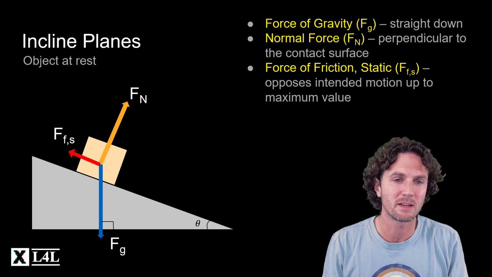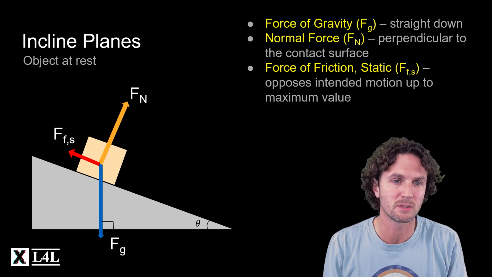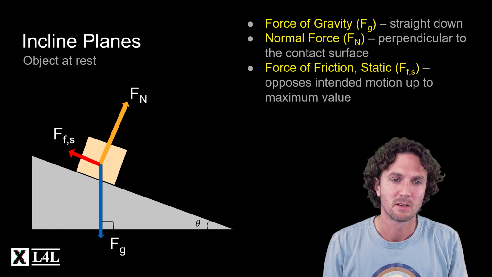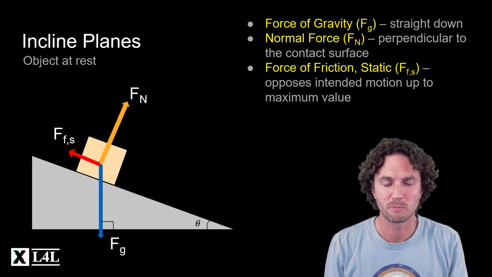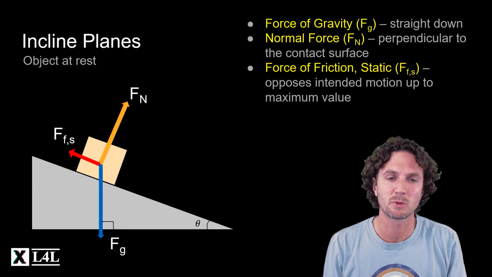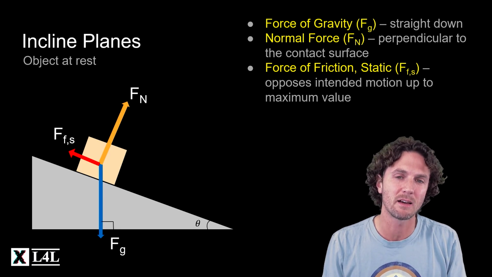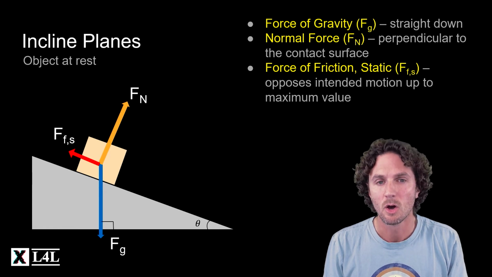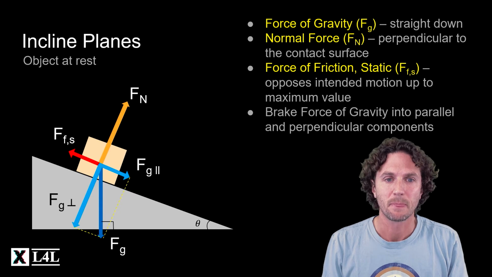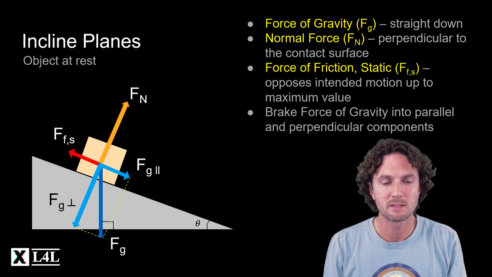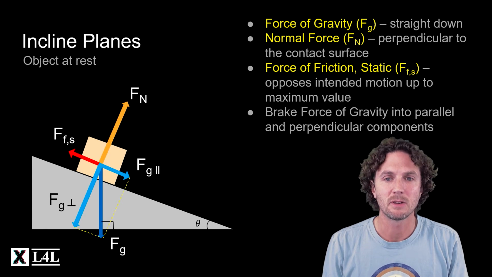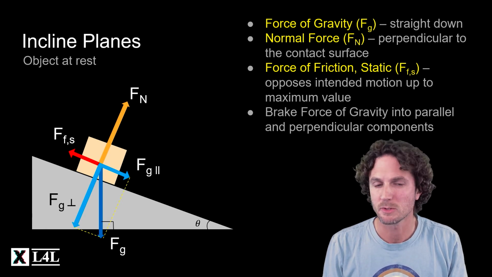So we have to decide, do we want to change the normal force and the force of friction to be perfectly vertical and horizontal, or really what we're going to do is break up the force of gravity, and now we're going to start analyzing things in terms of being parallel or perpendicular to the plane of the incline. So the force of gravity needs to be broken up into a parallel and perpendicular component, and this is where our trigonometry is going to come into play.